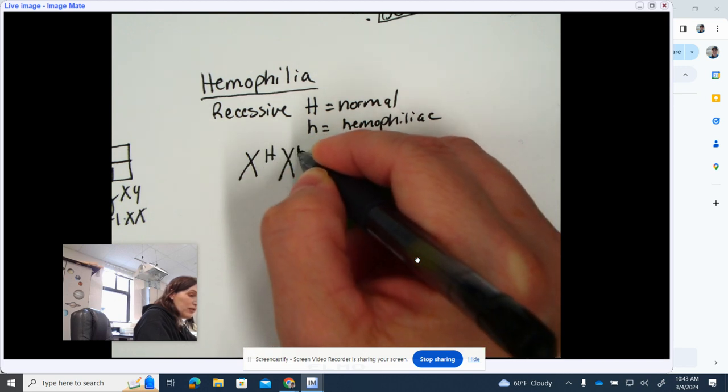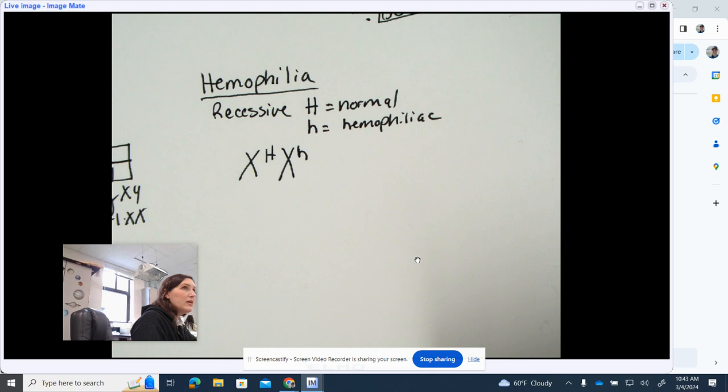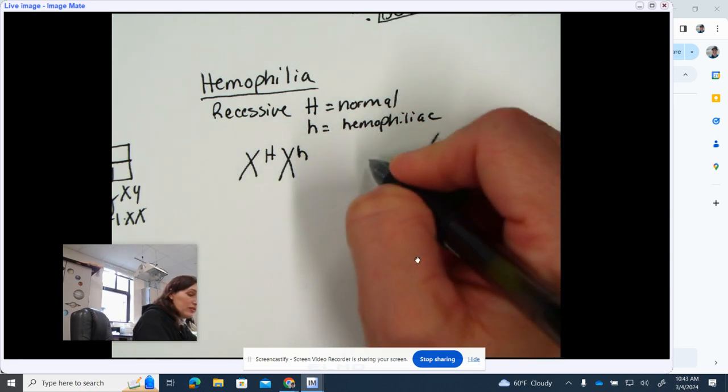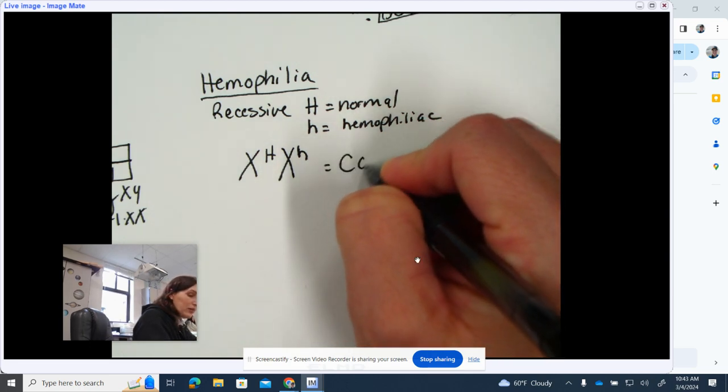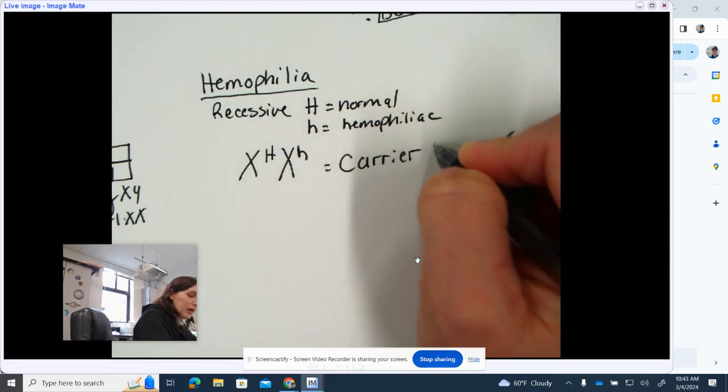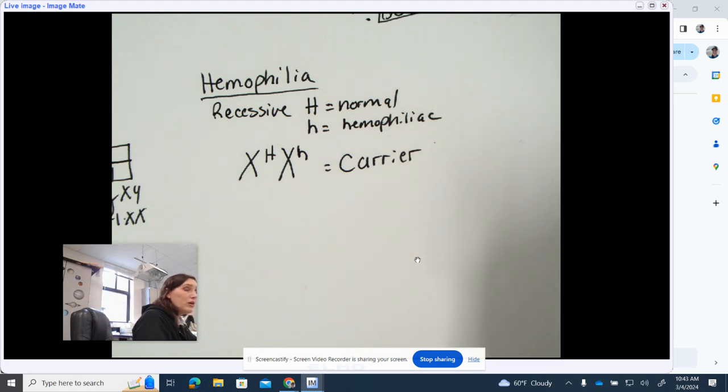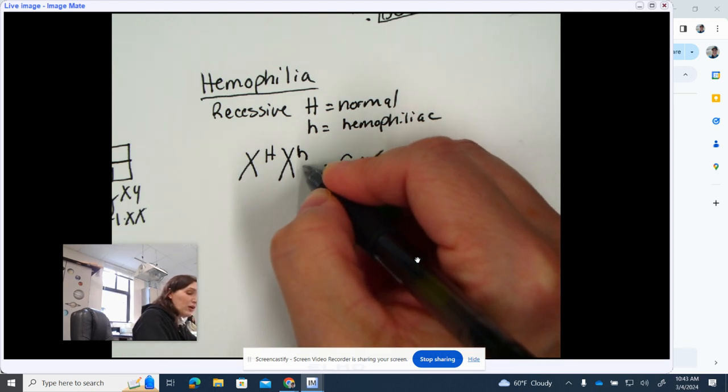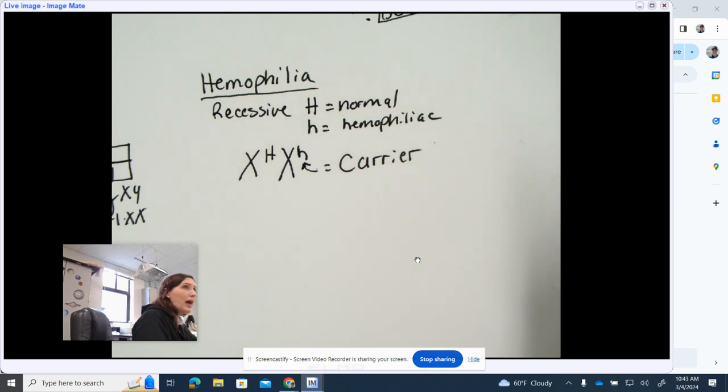Look how I wrote the little letters on the side. She is heterozygous for hemophilia. This is also called a carrier. A carrier is one of your vocab words. It means that you carry the trait, but you don't have it. So this girl looks normal, but she is carrying the recessive trait.